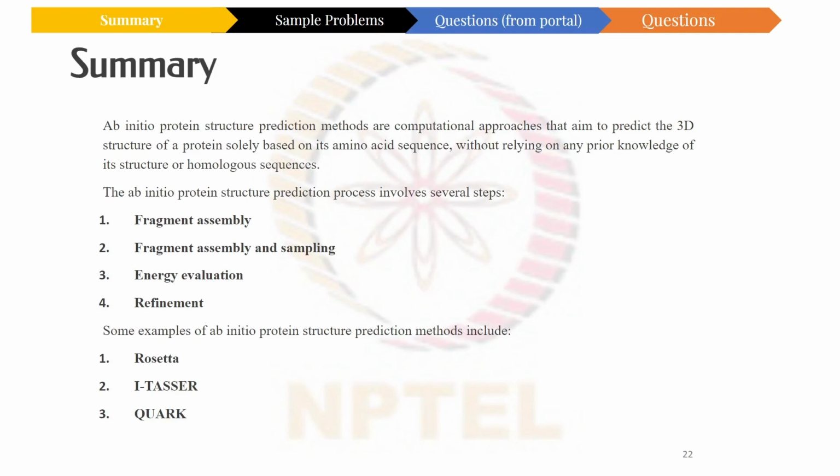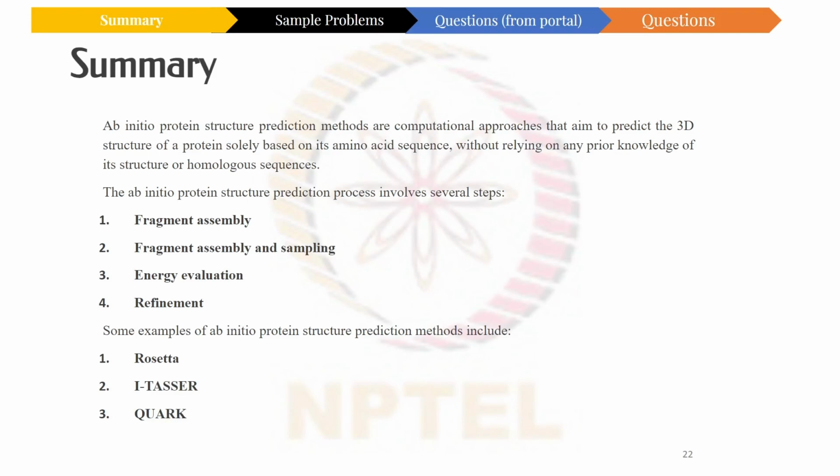This is done by performing a Monte Carlo search through conformational space. This search involves randomly selecting and rotating fragments, and selection is done by evaluating the energy of the resulting conformation. This process is repeated thousands or millions of times to generate a large number of possible conformations.